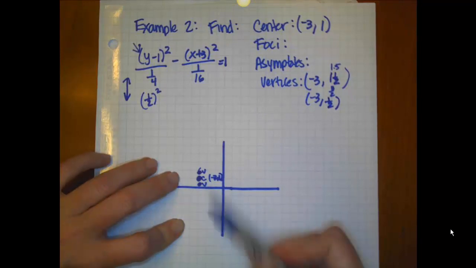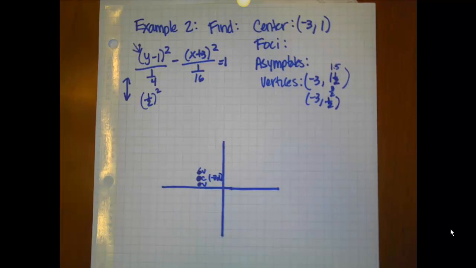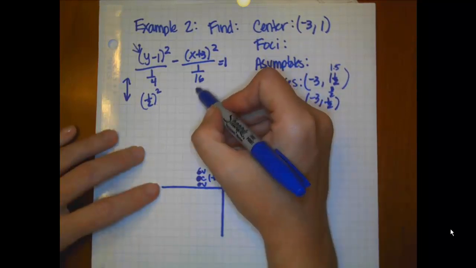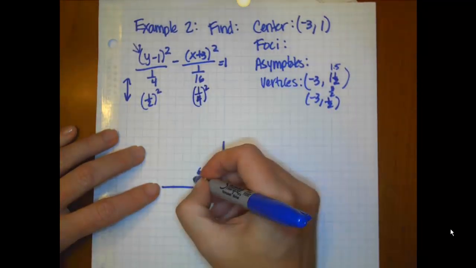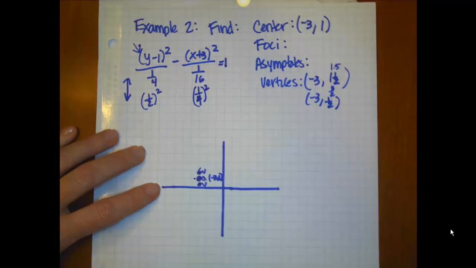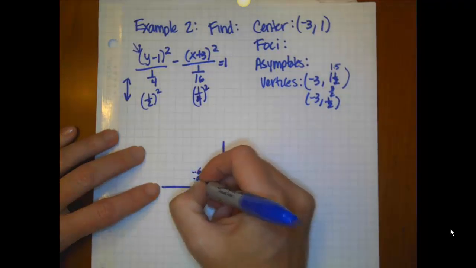And they're going to go up and down, but I have to make sure that I have the appropriate bend to each of those branches. So I need to graph the conjugate axis, which in this case would only be 1/4. So you're only going out just 1/4 on either side of the center. So when I draw my box, it's not going to be a very big box at all.